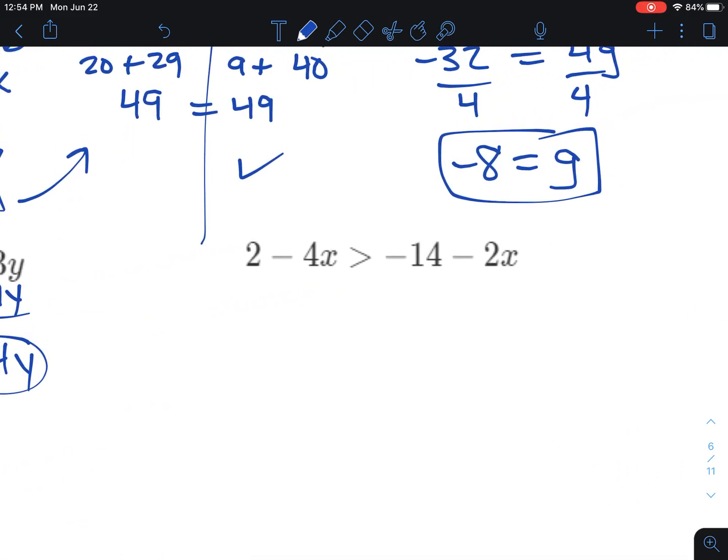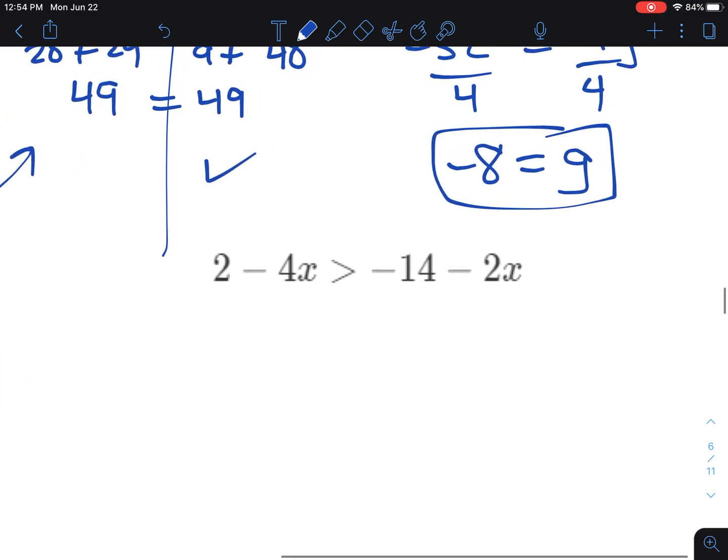And here's where it gets a little bit easier if you move the smaller one, because you won't ever divide by a negative. Well, less of the time you'll divide by a negative if you move the smaller one, I should say. So negative 4x here, we're going to get rid of by adding 4x to both sides. I think actually, yeah, you'll never divide by a negative if you always move the smaller one.